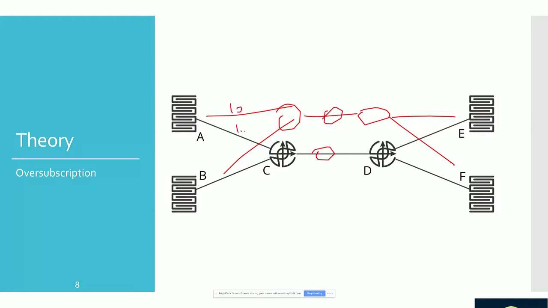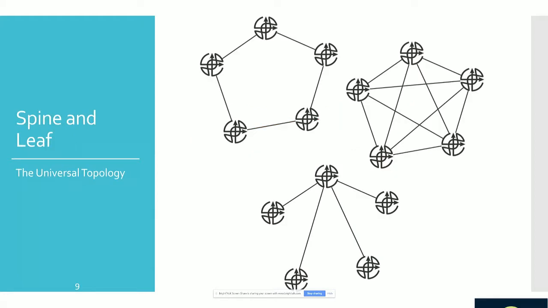So if everything was 10, I would not be oversubscribed, because I have exactly 40 gig of ports in, 40 gig in, so I should have only 20 gig in and 20 gig out. This is how you can add links and scale out, as well as increase link speeds to scale up.